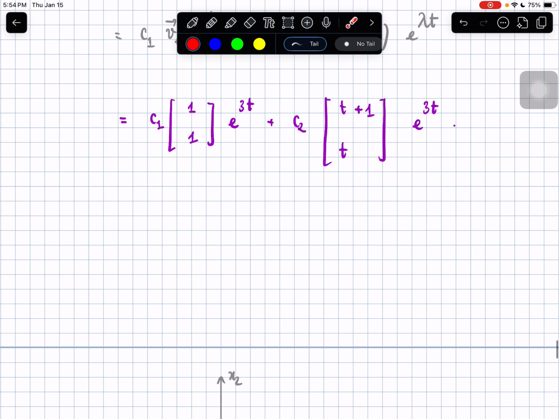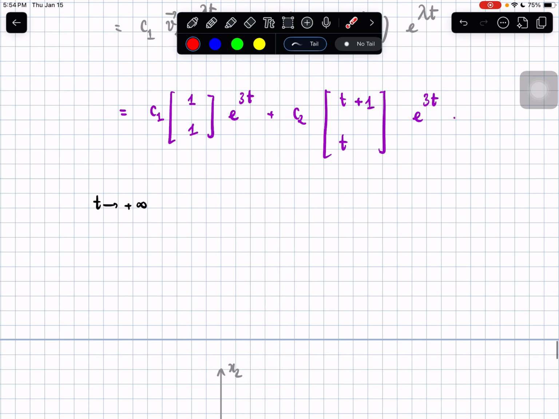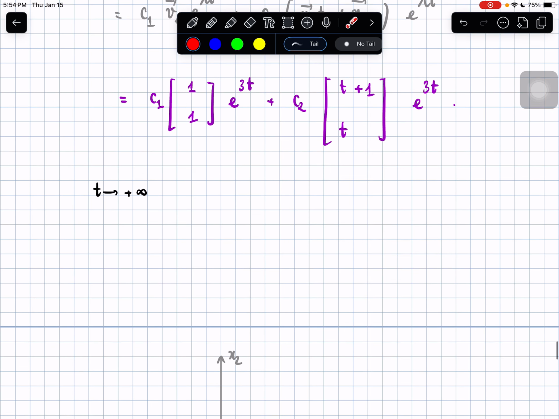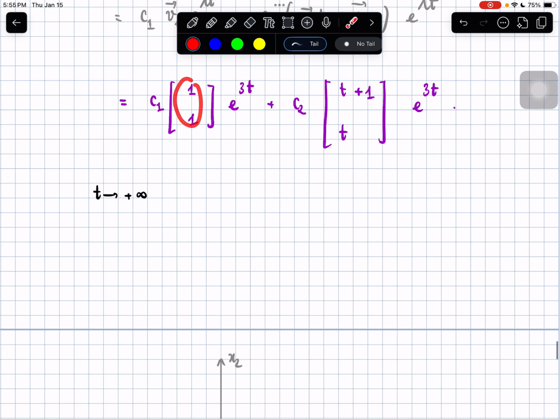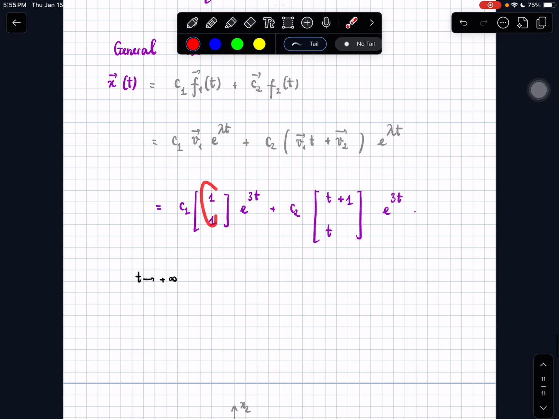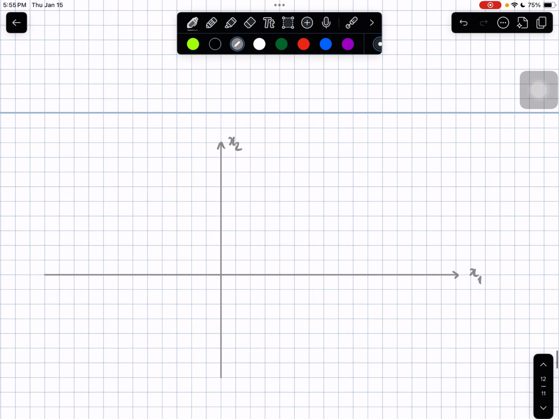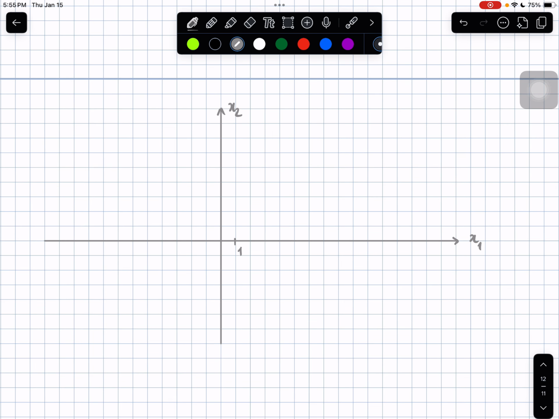Let's look at the behavior when t tends to plus infinity. But let me first draw the eigenvector and the generalized eigenvector. Eigenvector V1 is 1, 1.